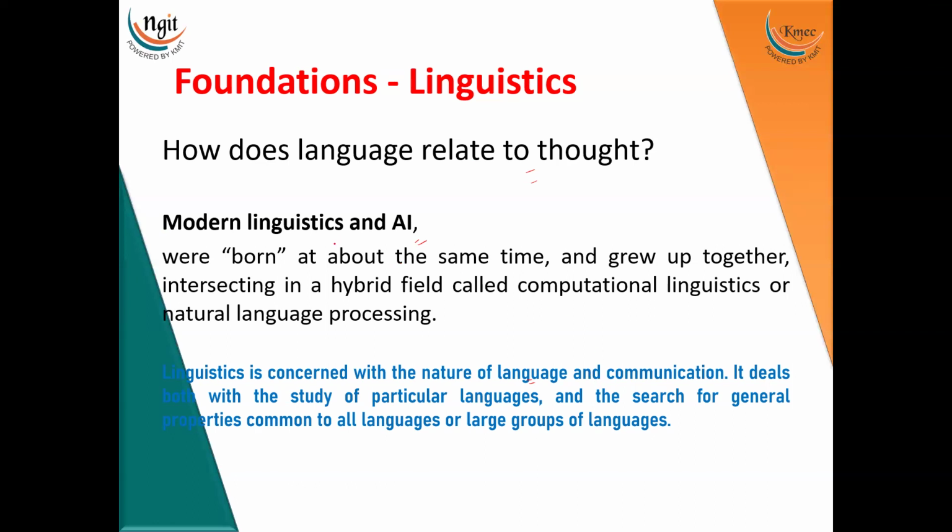Modern linguistics and AI were born at about the same time and grew up together, intersecting in a hybrid field called computational linguistics, or simply natural language processing, NLP, which is one of the most important areas nowadays.